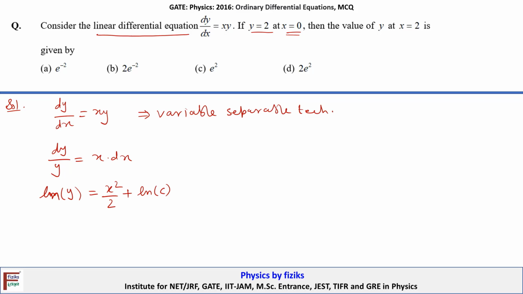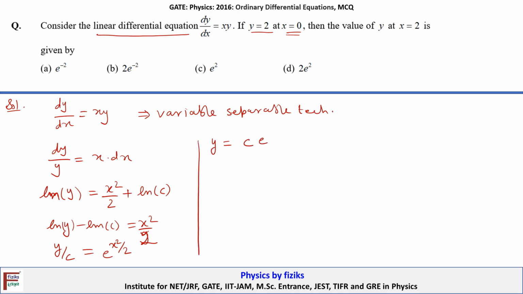Now from here we can write ln of y minus ln of c is equal to x square by 2, and further this can be written as y by c is equal to e to the power x square by 2. Then the final solution y can be written as c into e to the power x square by 2.